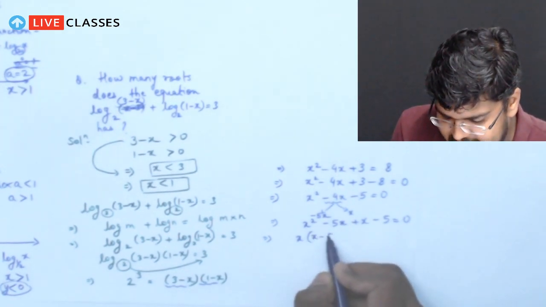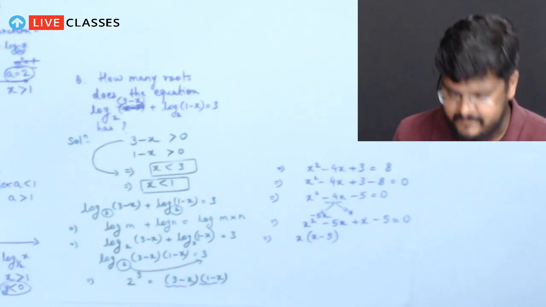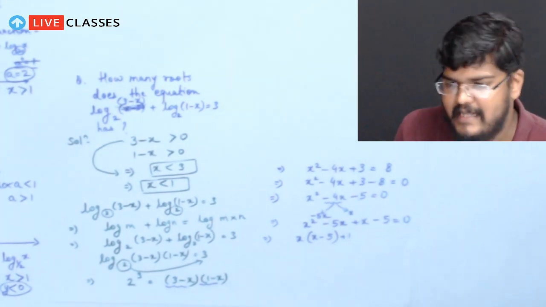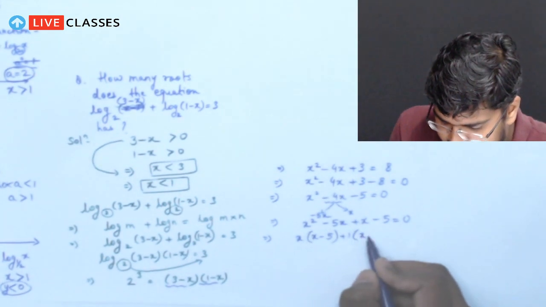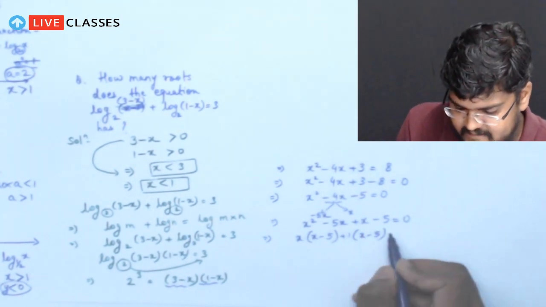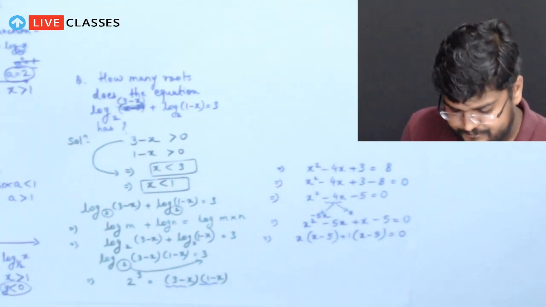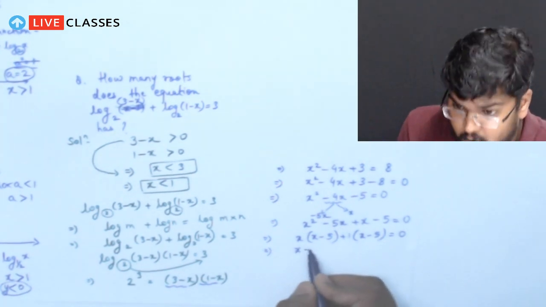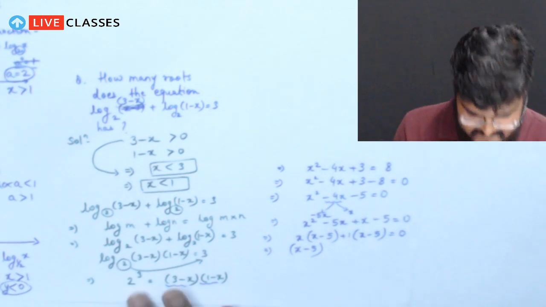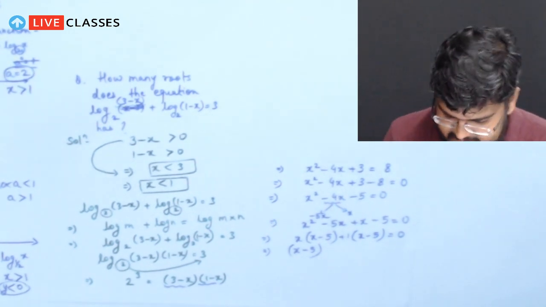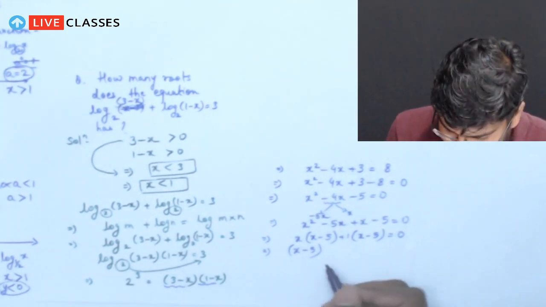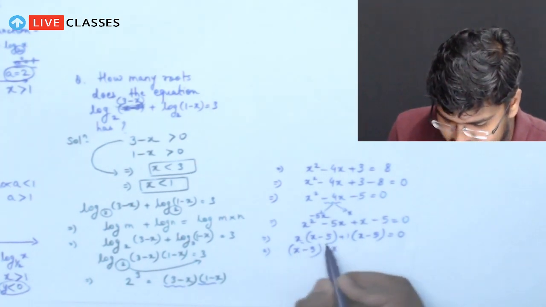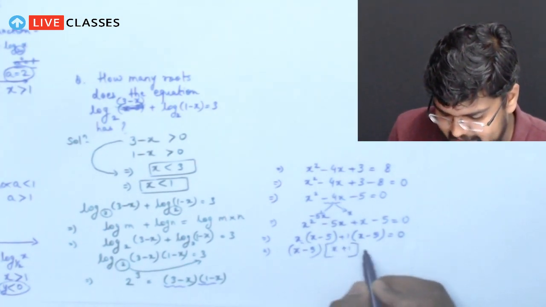It will get me x times x minus 5, and in these two terms there is nothing common, so we take 1 as common by default, and in the bracket I'll again have x minus 5, and this will be equal to 0. In these two terms again I can see that x minus 5 is common, so I'll take x minus 5 outside, and in the bracket we'll be left with x in the first term and plus 1 in the second term.